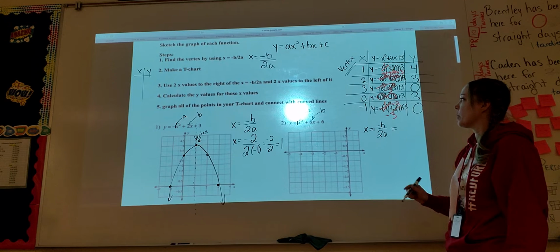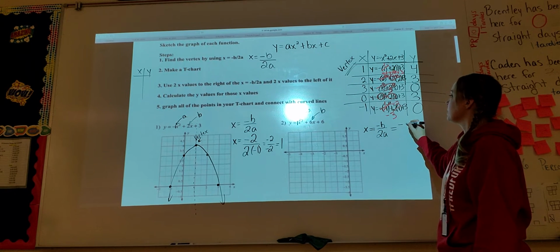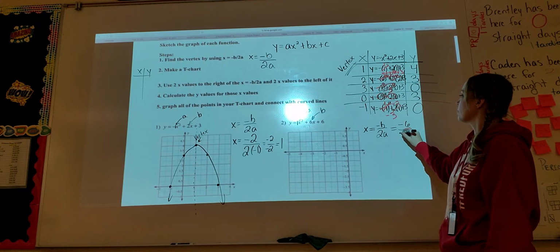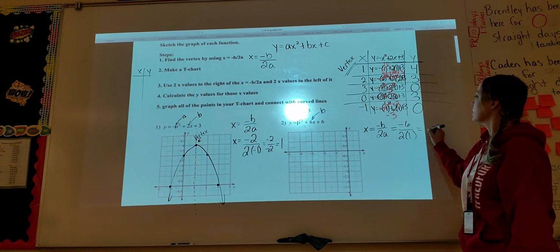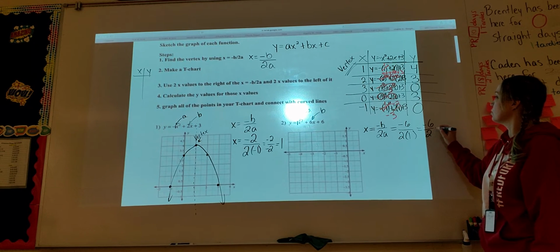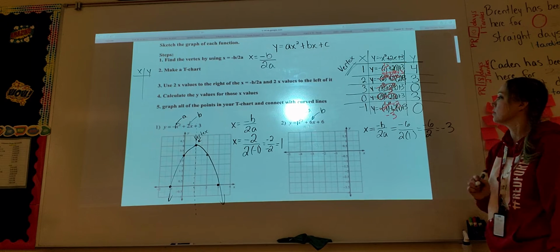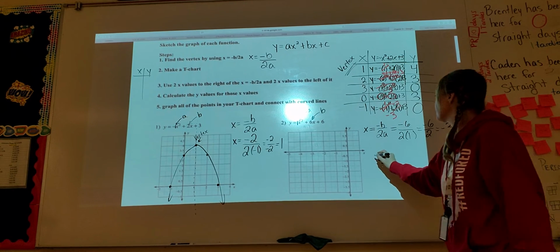So my a is 1 and my b is 6. So I've got -b, so -6, over 2 times my a, which is 1. So I've got -6 over 2, which is -3. So my x value for my vertex is at -3.